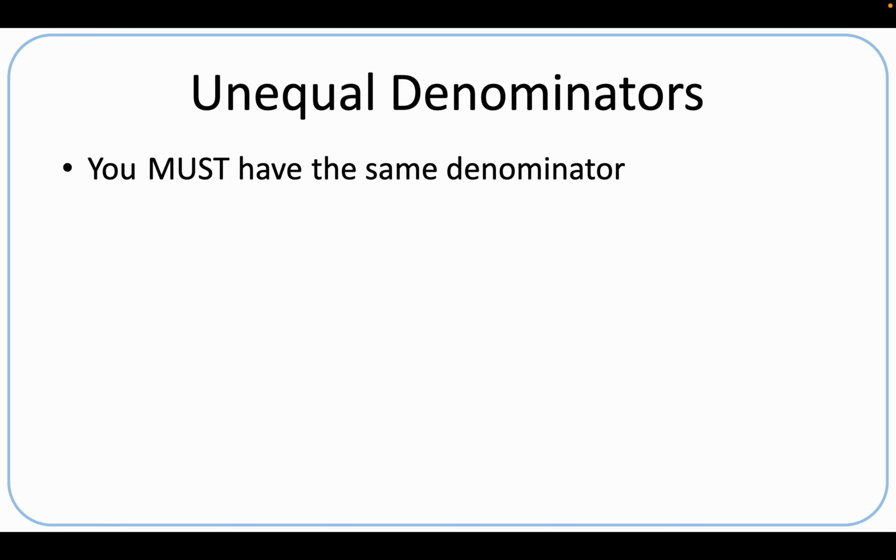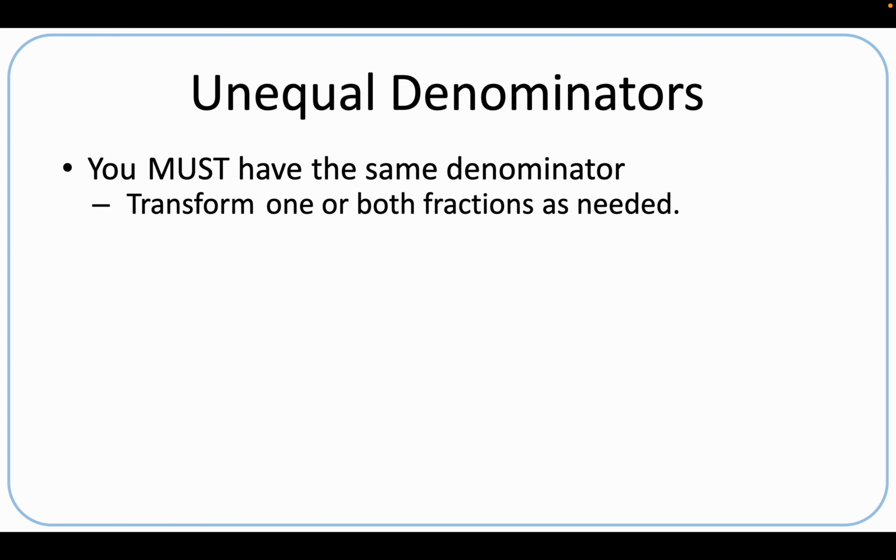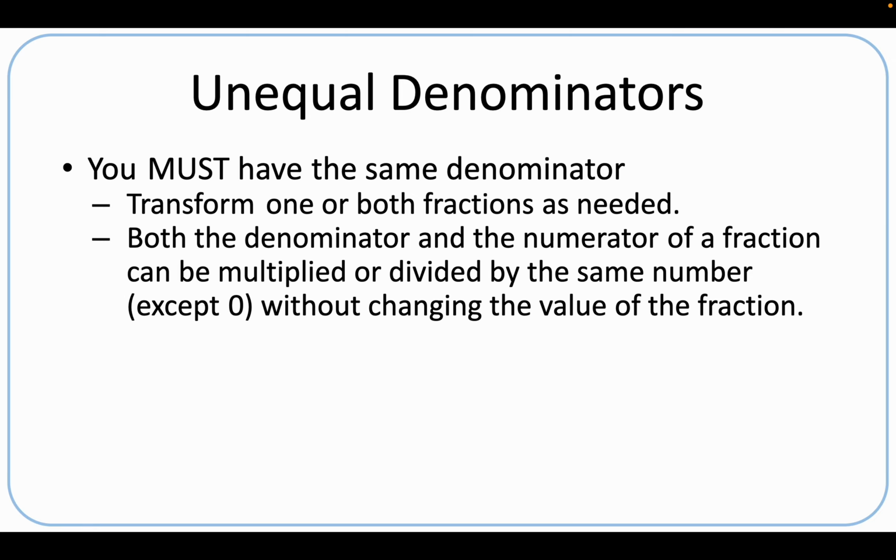Now, when we have unequal denominators, in order to add or subtract fractions, they must have the same denominator, which means that we're going to have to transform one or both of your fractions as needed. And we should remember that to rename a fraction, you can keep its value the same by multiplying or dividing the numerator and denominator by the same number.